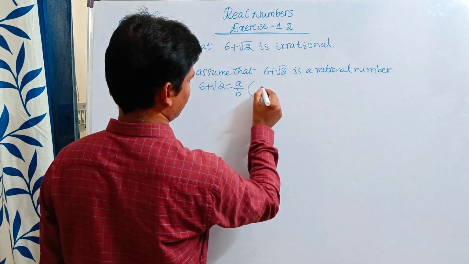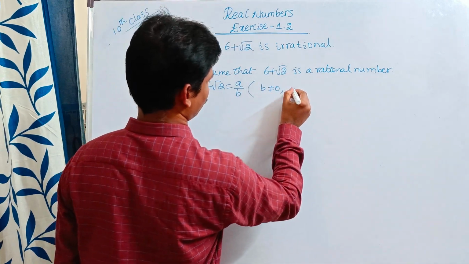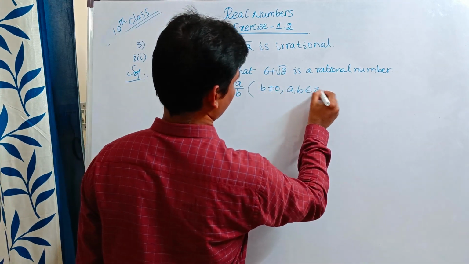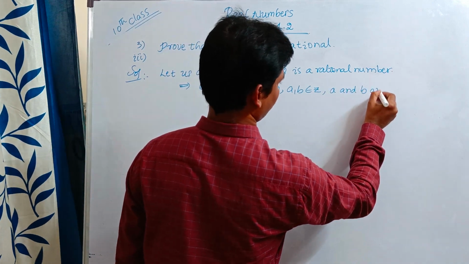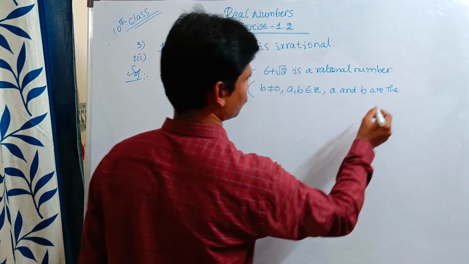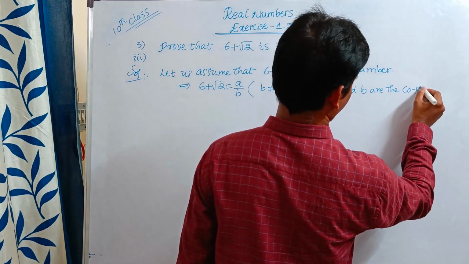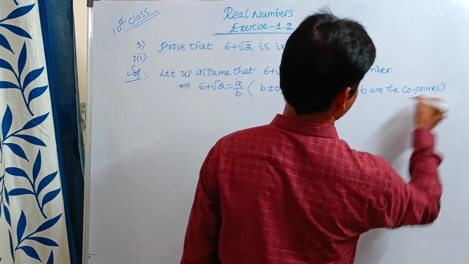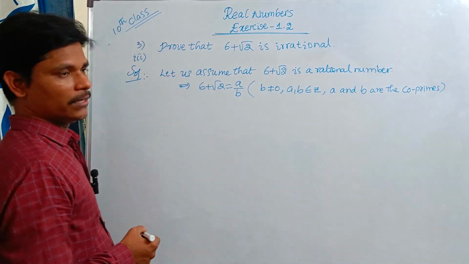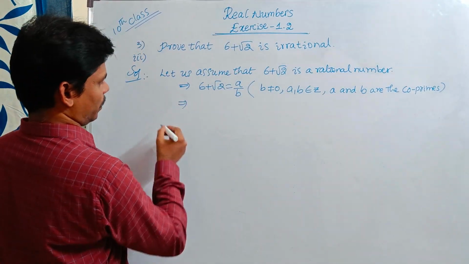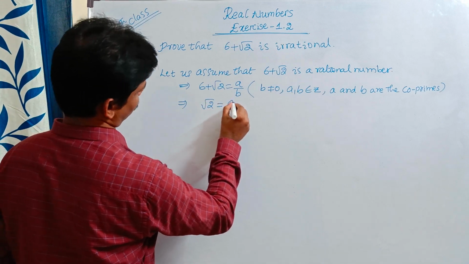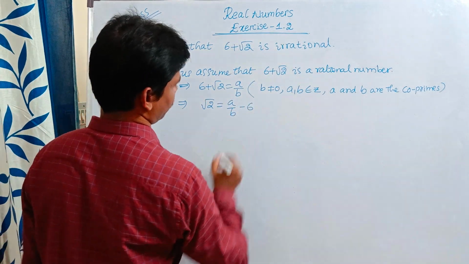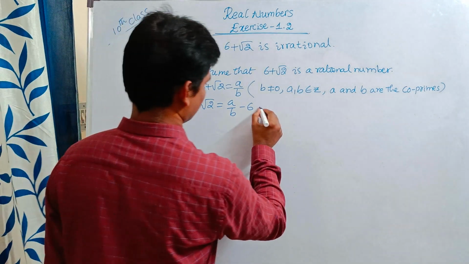So here b not equal to 0, a comma b belongs to z, a and b are the co-primes. Okay, see, simplify this one. 6 transpose to the side, root 2 is equal to a by b minus 6.